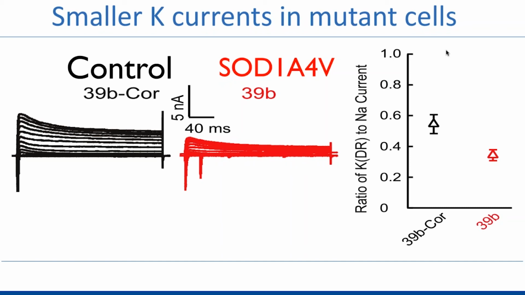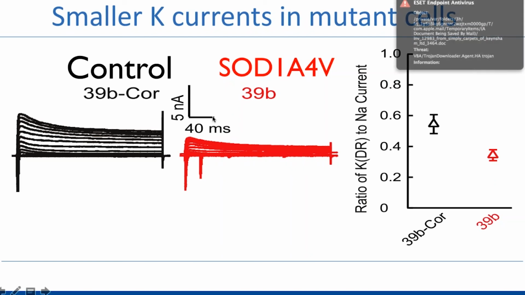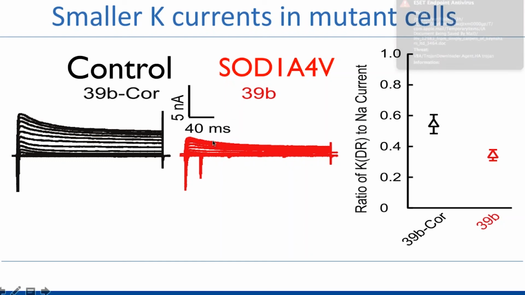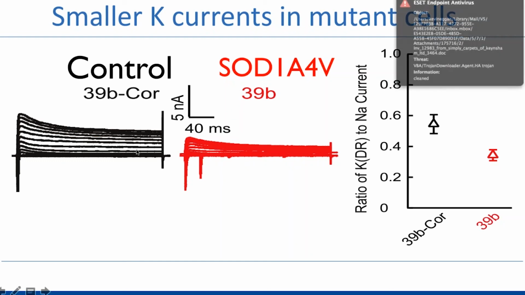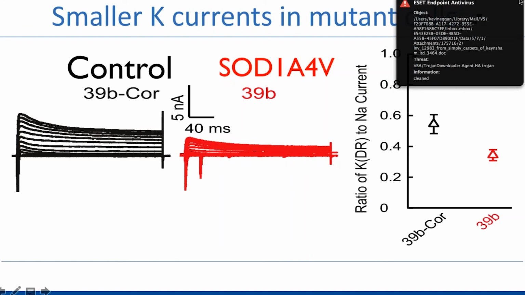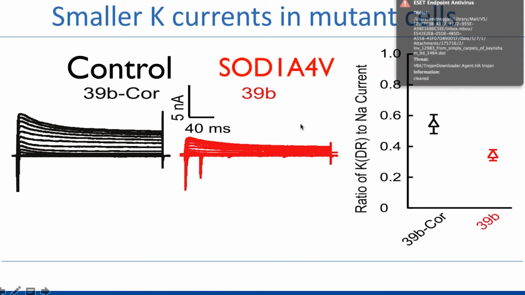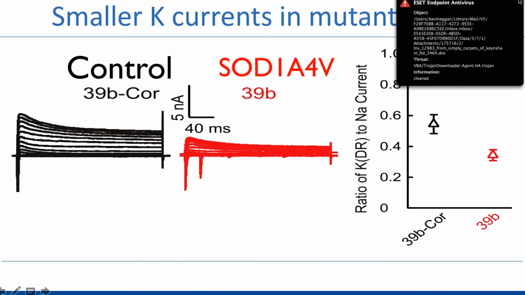studies in voltage clamp, in which we looked directly at the voltage-gated currents that were present in motor neurons from the patients and controls. And what we found both in these isogenic studies with the corrected cell line and the original patient cell line, as well as head-to-head studies between patients and controls, was that there were much smaller rectifying potassium currents in the patient motor neurons relative to either their isogenic corrected controls or to the controls overall.